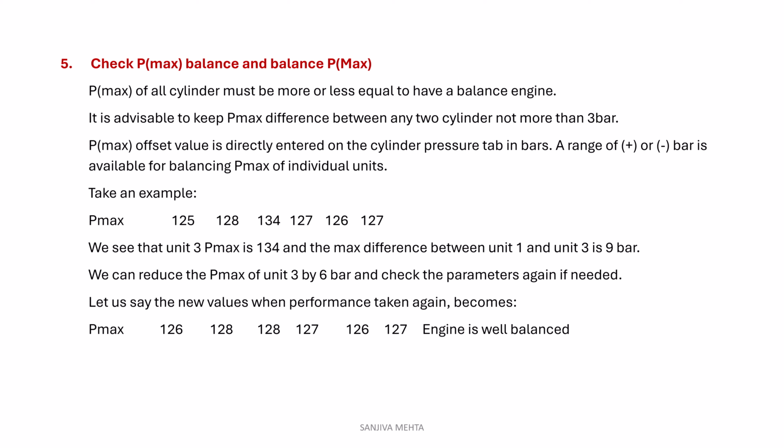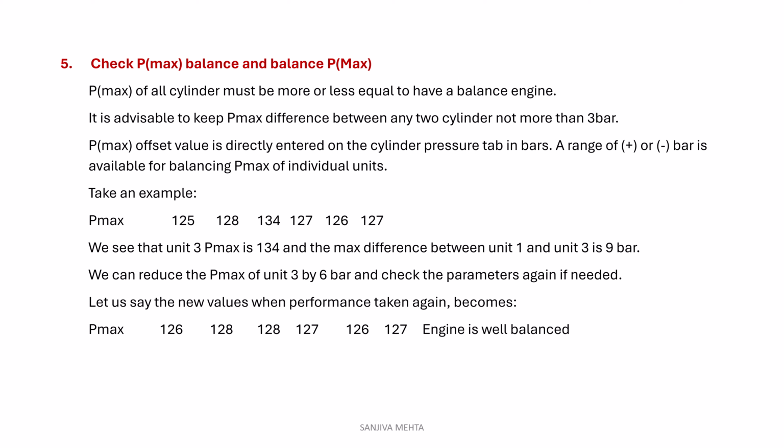So plus minus 20 bar deviation is allowed. You can change, increase and decrease the value by 20 bar or minus 20. It's very simple, straight away. Go to the MOP screen, just change. So simple. Let's say these are the Pmax: 125, 120, 134, 127, 126, and 127. See that unit 3 maximum is 134.